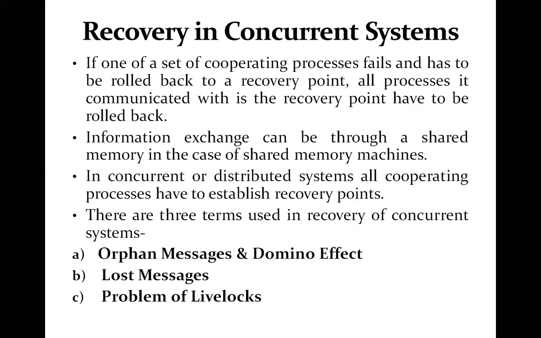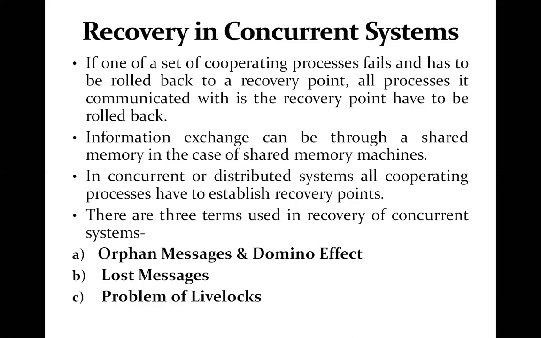So in this kind of system, which is a concurrent system, if a process which is cooperating with the other processes fails and resumes its work from its recovery point, then there will be an effect of this process when it resumes.